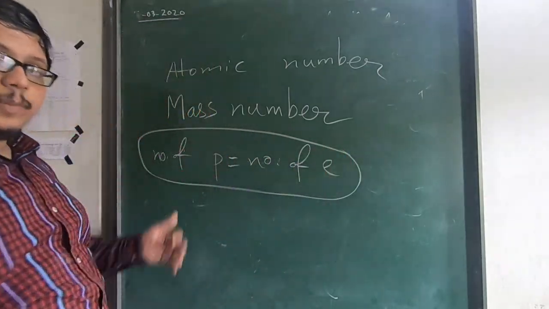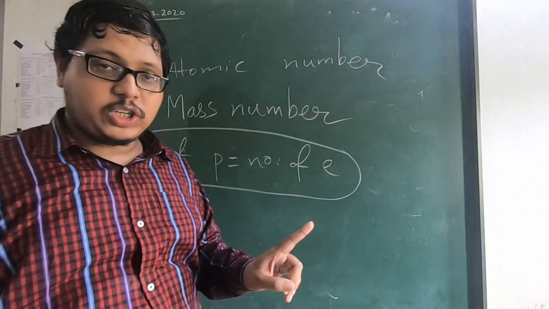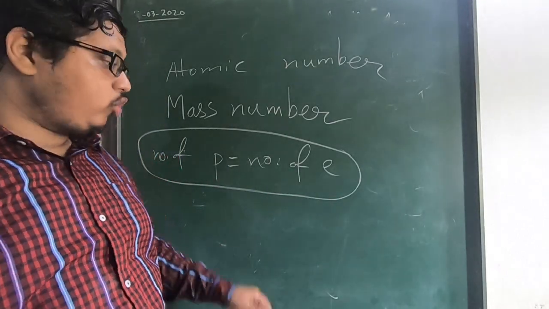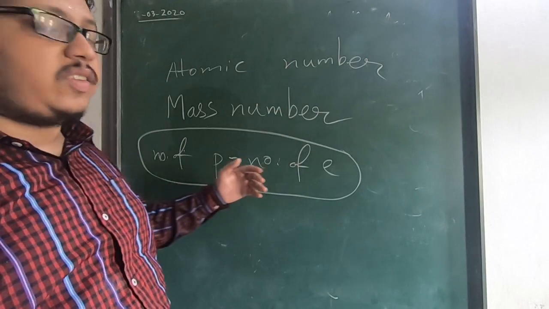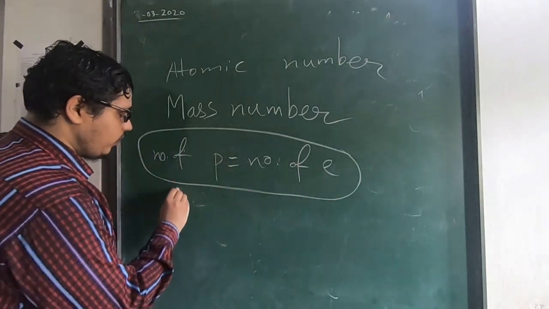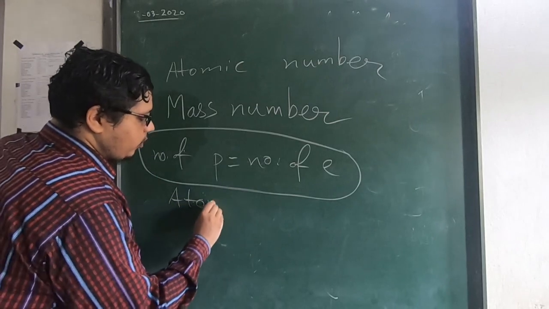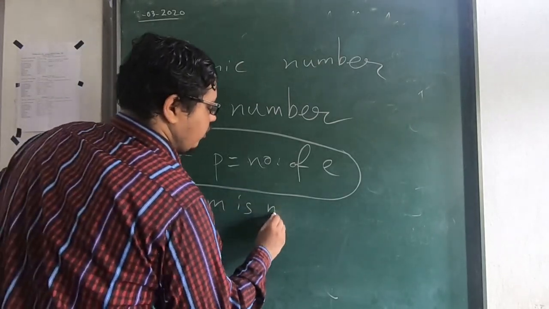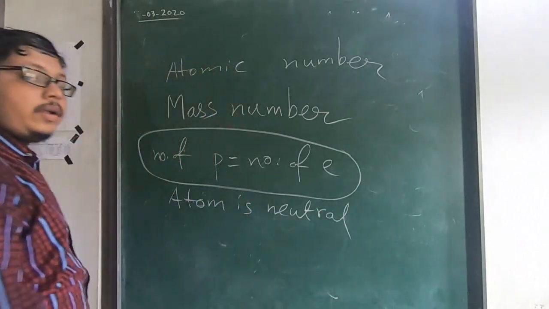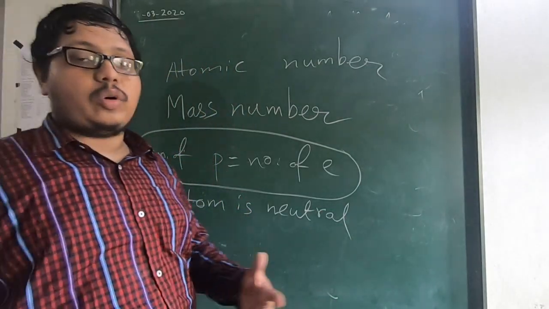And we know that the proton is plus 1 charge, and the electron is minus 1 charge. So the number of positive charge is always equal to the number of negative charge. So atom as a whole is neutral. Neutral means no charge. Okay? Atom as a whole is neutral.